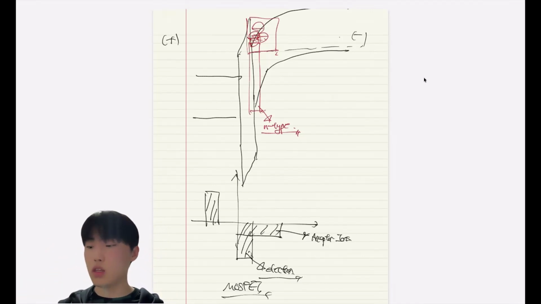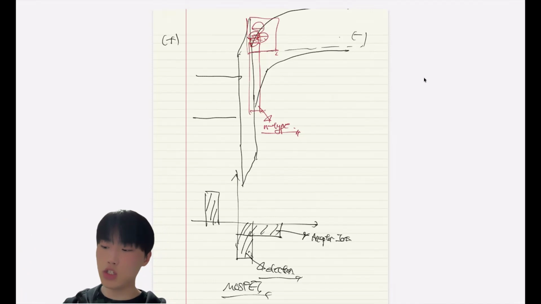So the surface part is changing to n-type semiconductor, so there is a channel on it. The majority carriers of the n-type semiconductor are the electrons, so it is an n channel, and we say this is nMOS.